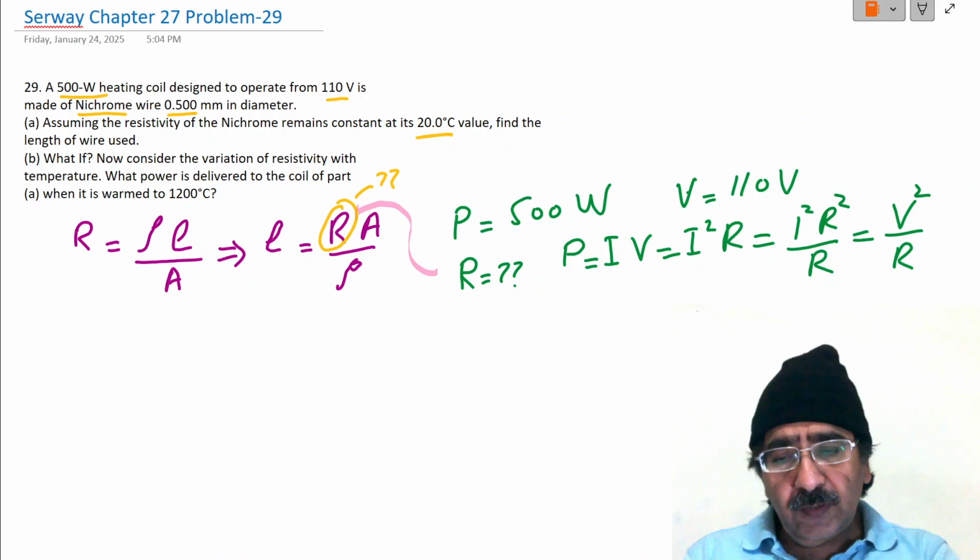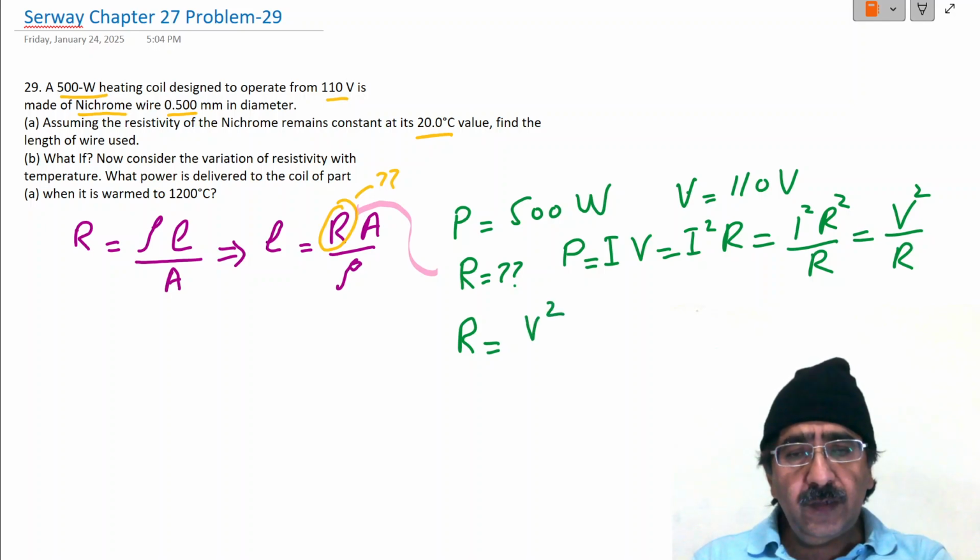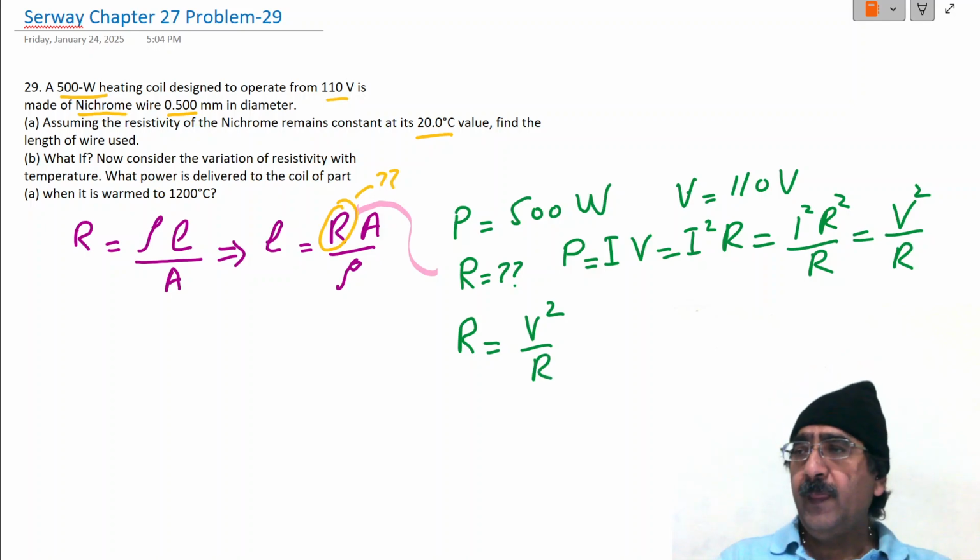From here, resistance will be equal to V square over P.